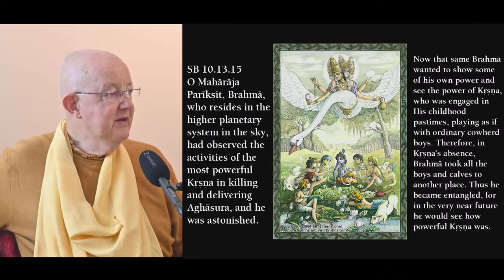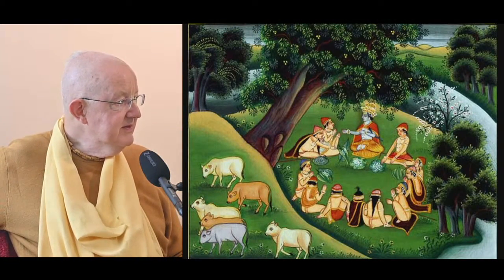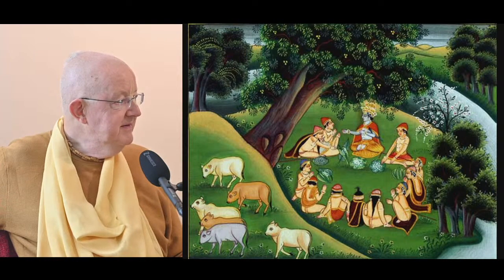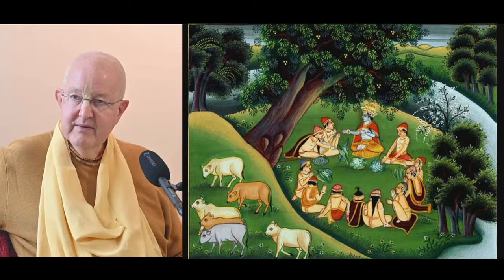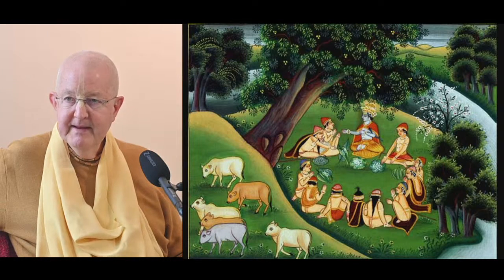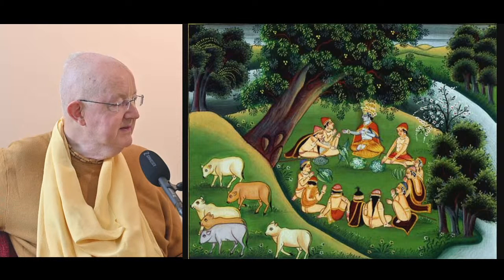What he did was, as the boys were sitting underneath a tree having their lunch, and the calves started wandering here and there, one of the cowherd boys noticed that the calves had wandered away, and our livelihood is to protect the calves. Krishna said, don't worry. I'll find the calves. You just continue with your lunch.